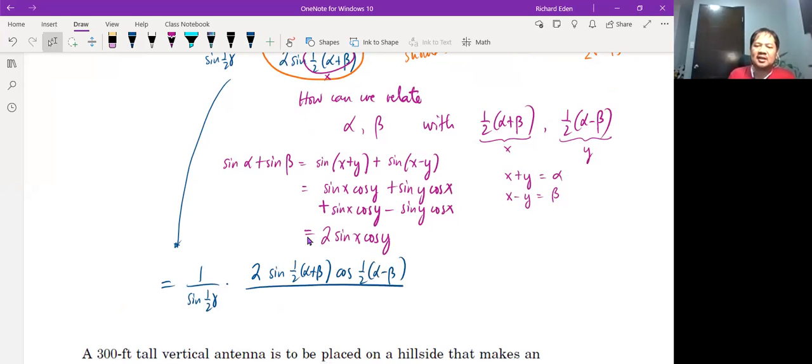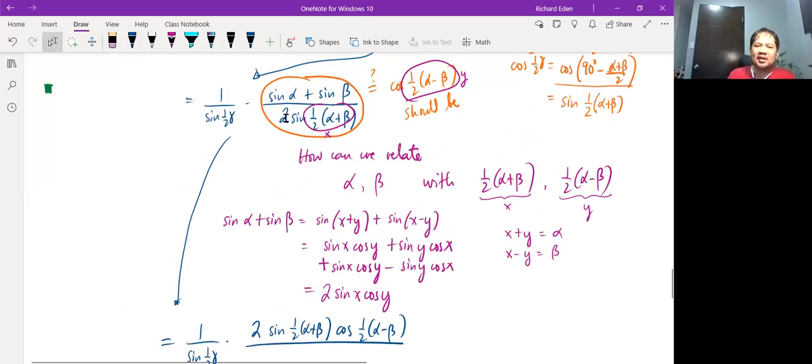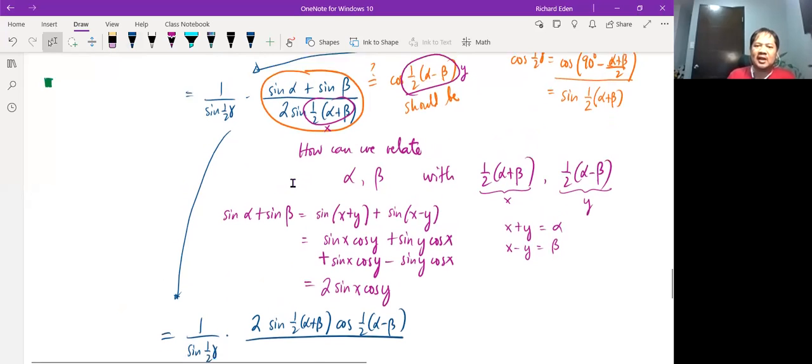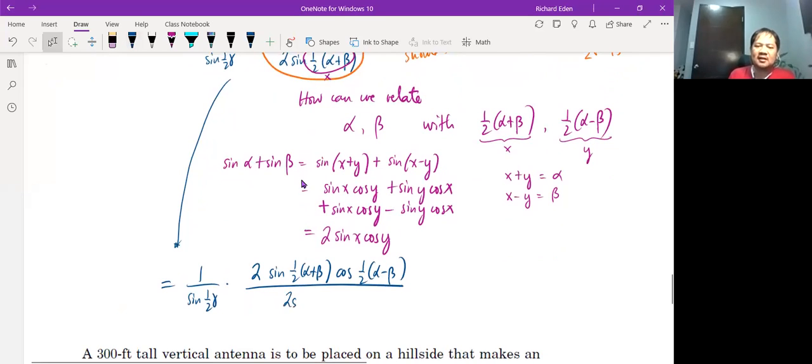Let's not forget the denominator. In the orange circled expression, 2 sine of half of alpha plus beta. And when you simplify, what's left? Say it, Joshua. What's left? Yes. All right. Yeah.